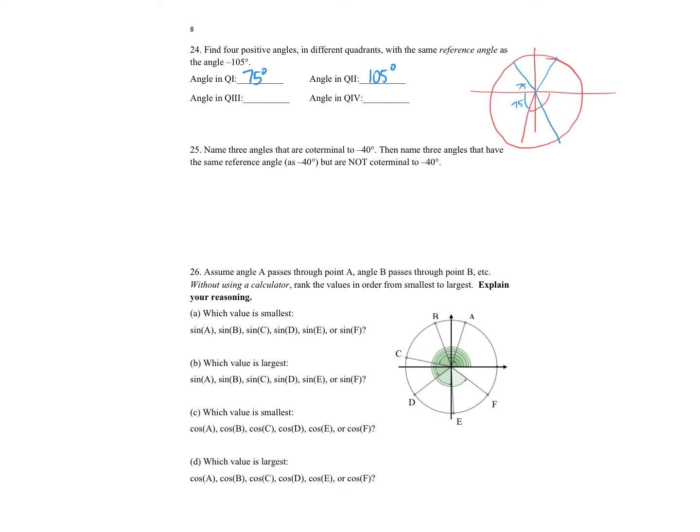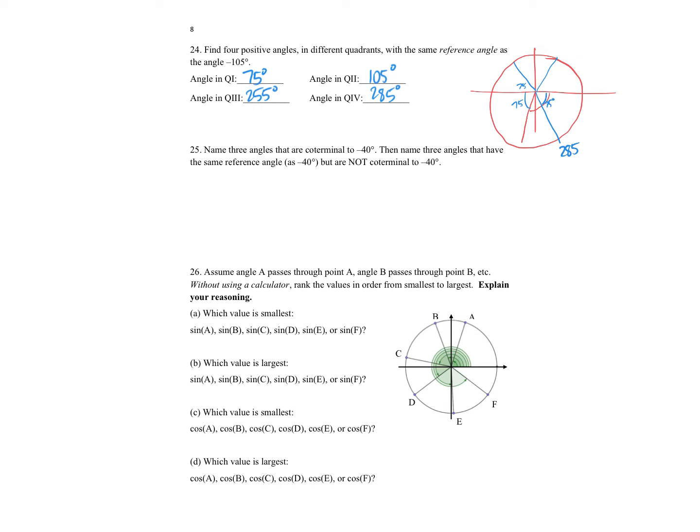In quadrant 3, it's going to be 180 plus 75, so that gives me 255. And then in quadrant 4, it's going to be 360 minus 75, which gives me 285. Because this is 75.